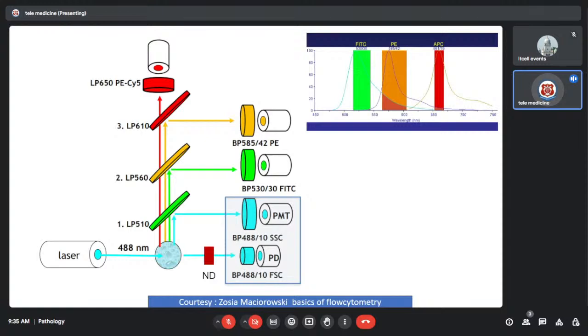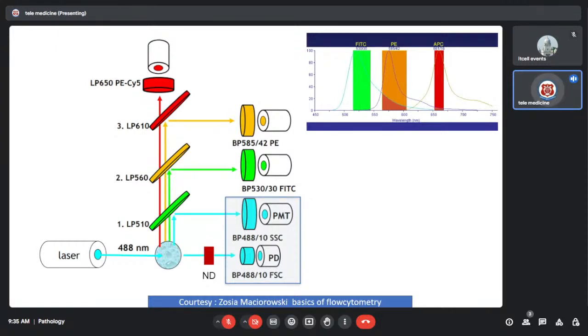Now how do you decide 488 or 530? These are your different fluorochromes with different wavelength specificity. Like suppose this is a FITC channel. Here you can have the signals from 480 up to 550. So whatever comes in this direction will be the FITC channel.